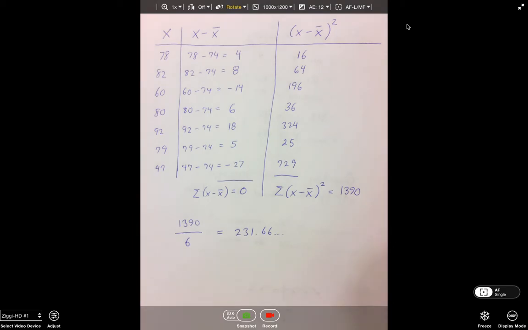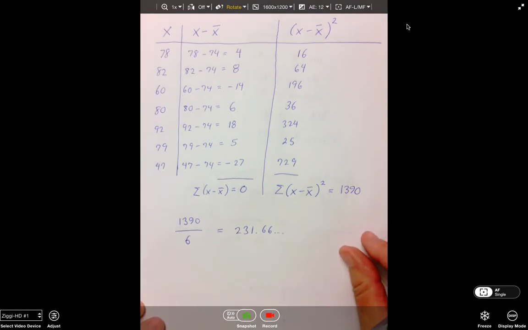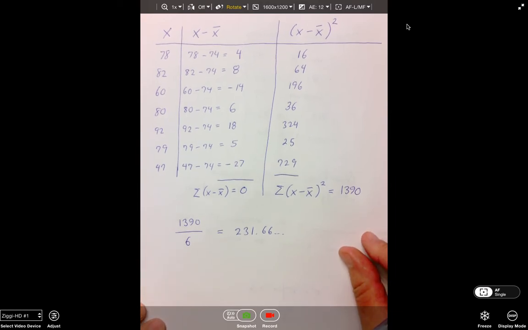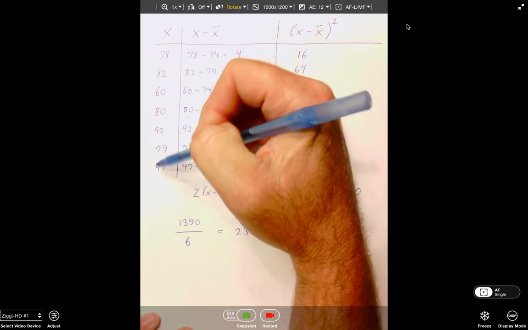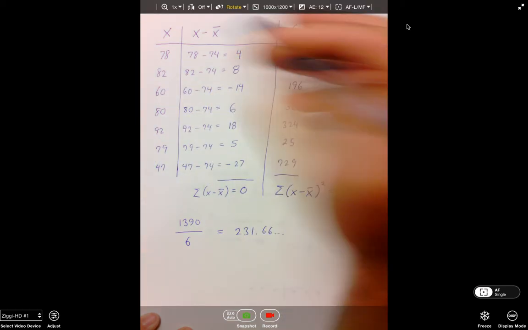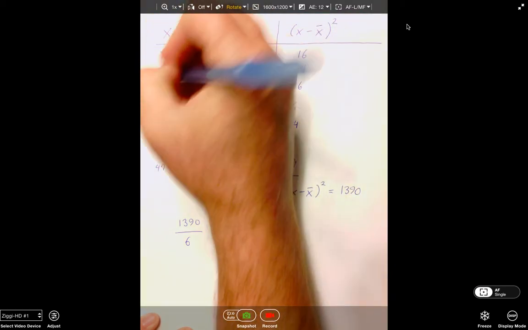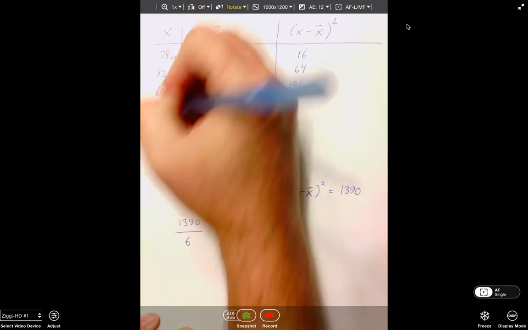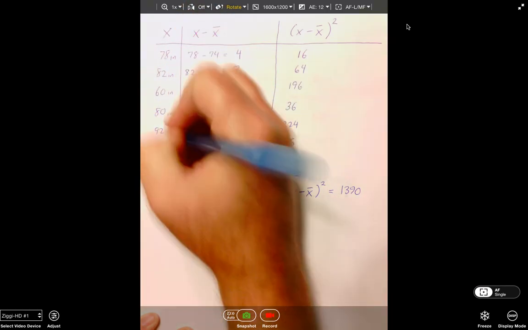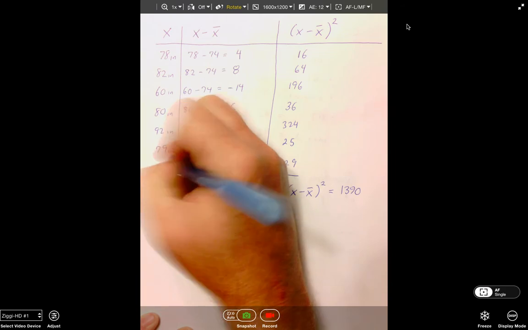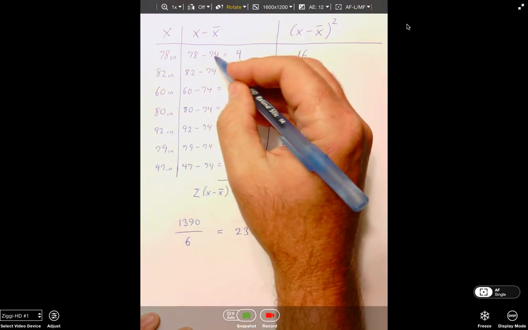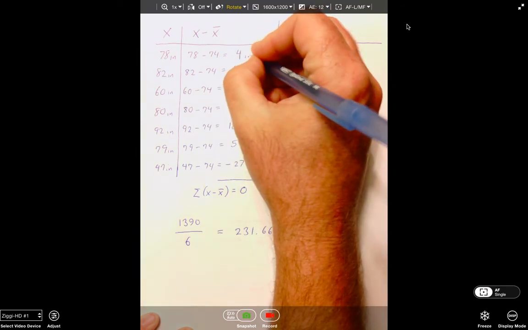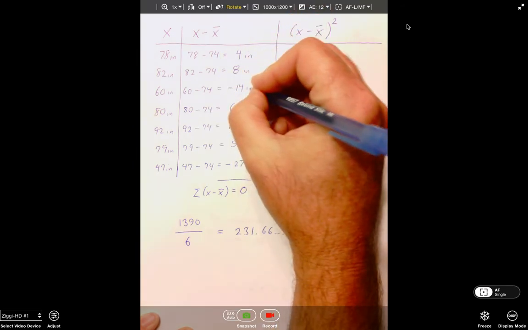So they get 231.6666666. Now, that's kind of cool what they did there, but they realized that they had a problem. Now let's think about these x's. These x's back here measure something, don't they? And in our situation, they're exam scores. But let's think about, what if these were inches? Well, then this 78 inches minus 74 inches would give me inches in each of these situations.